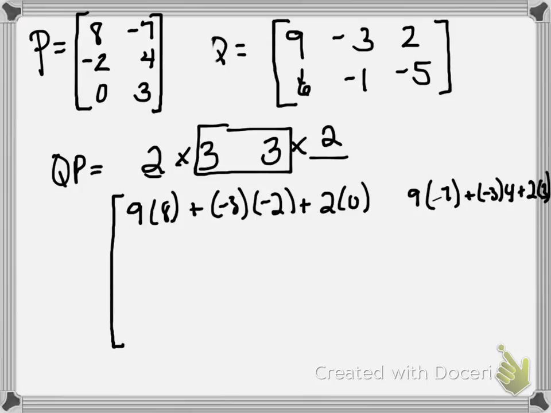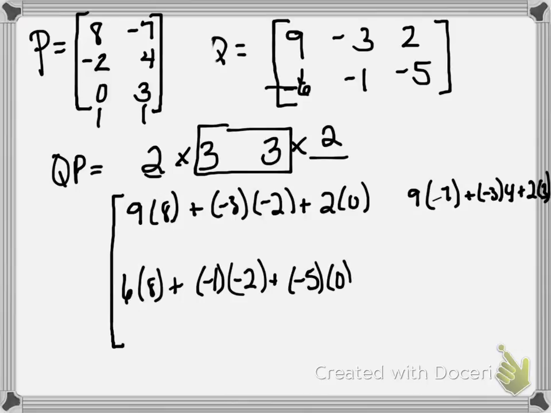Okay, next row. I'm going to have the second row times the first column, then this second row times this second column, I'm sorry. Second row, second column. So I have 6 times 8 plus negative 1 times negative 2 plus negative 5 times 0.